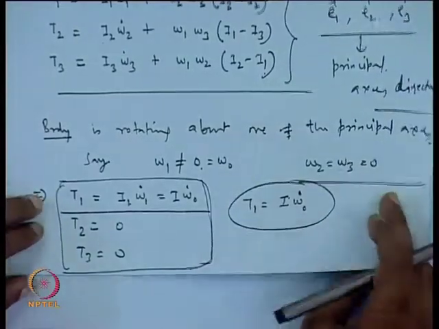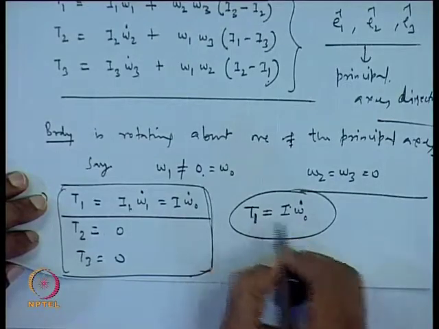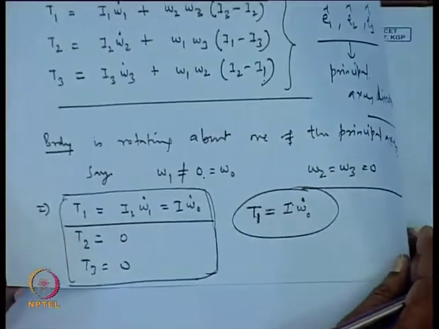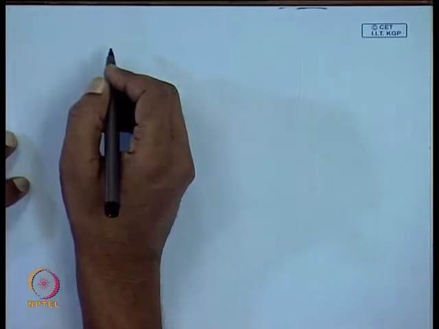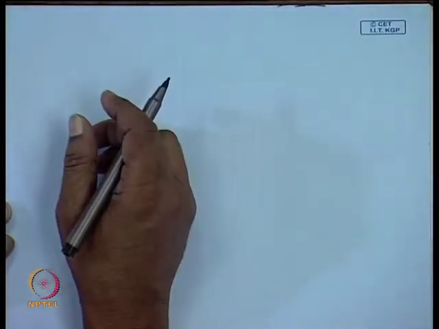And earlier I have told you that the angular velocity vector and the angular momentum vector will coincide if and only if rotation is about one of the principal axes. Okay, so, we go to the next step.